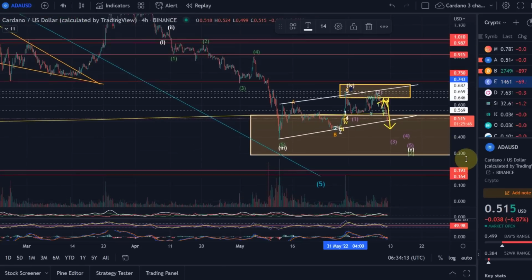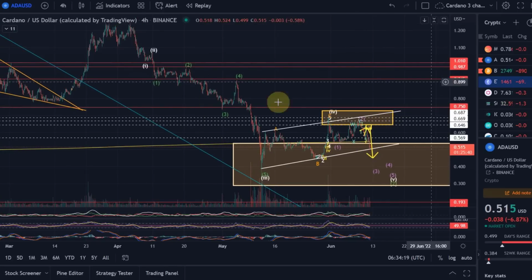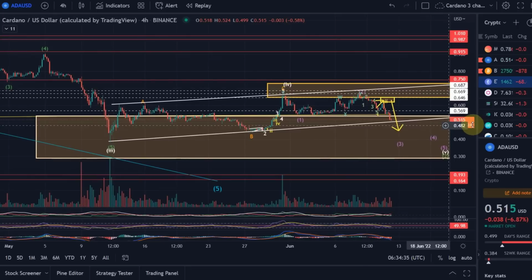It's possible, technically we can count it, but for confirmation, due to the general market environment and what I expect for Bitcoin and the way we just came down here, to really start to think about a breakout scenario to the upside, I would want to see significant price action above 75 cents to get confirmation.